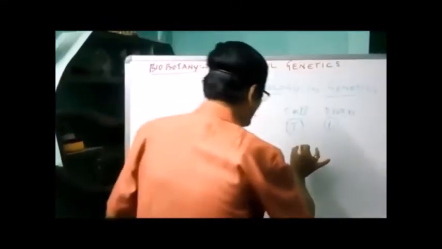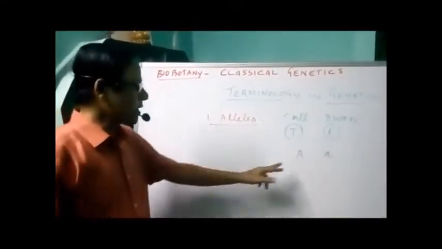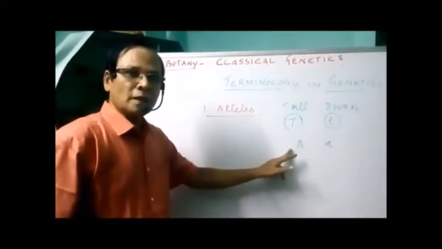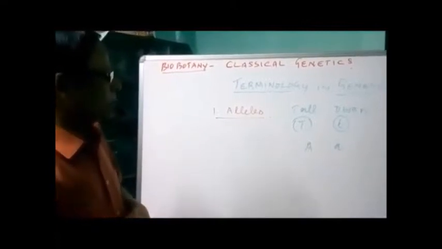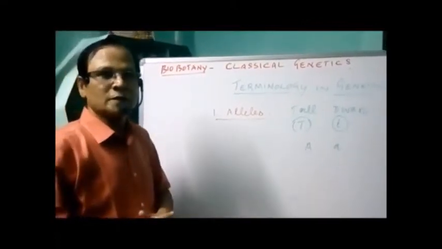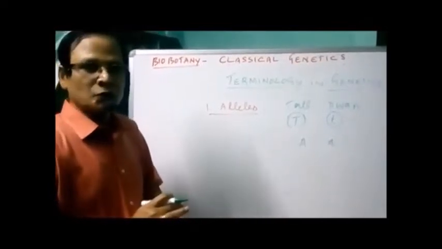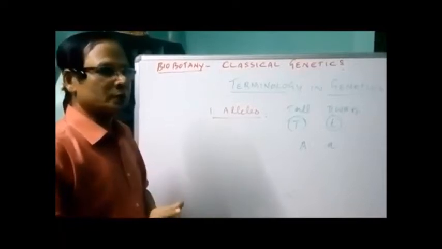Or we can say with any letter, capital A is an allele of small a. So the alternative forms of the same gene, capital A and small a, are called alleles. Individuals express characters in different ways due to the existence of genes in alternative forms.